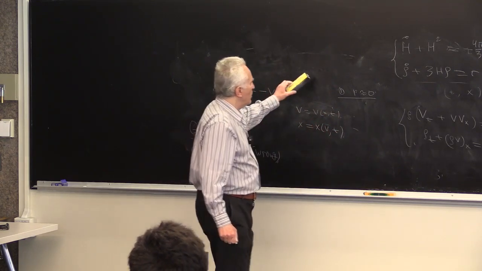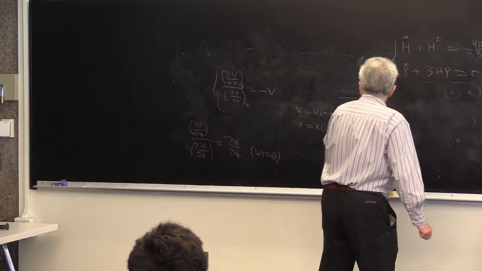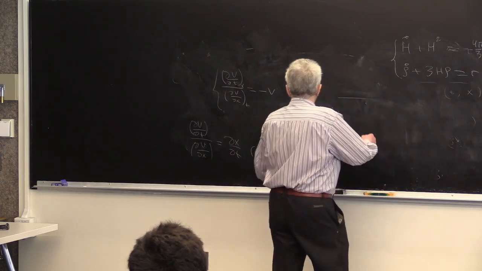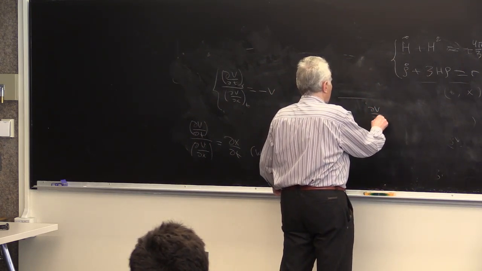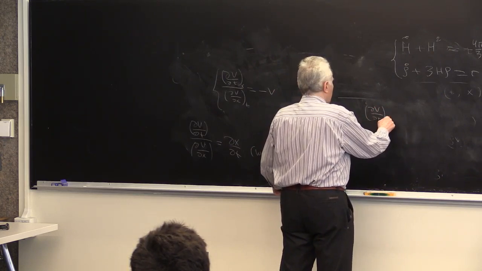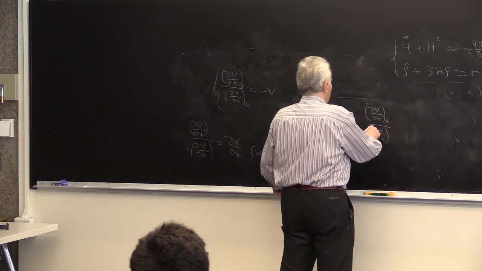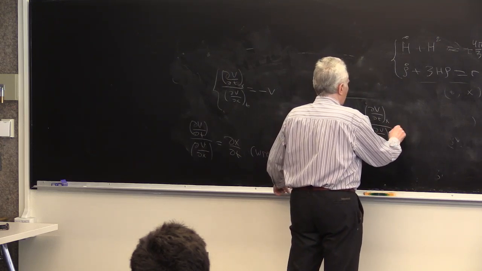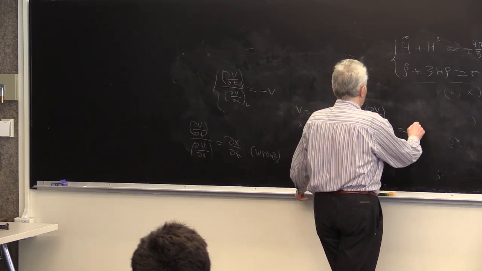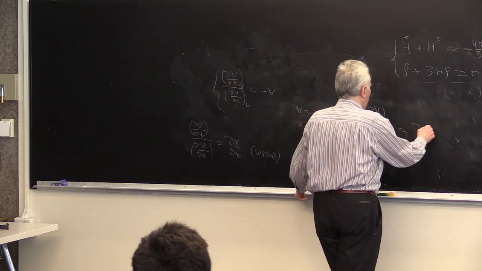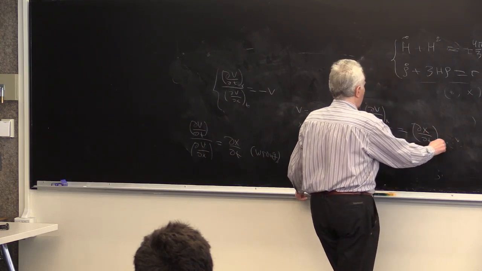And a very simple property which I will show you is this: dv/dt at constant x over dv/dx at constant t is equal to minus dx/dt at constant v.